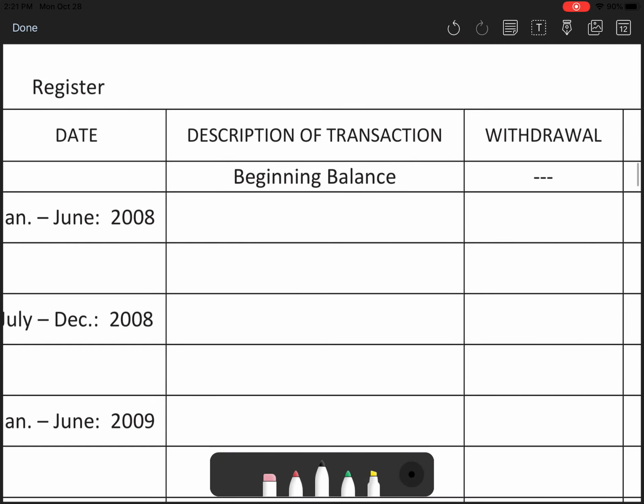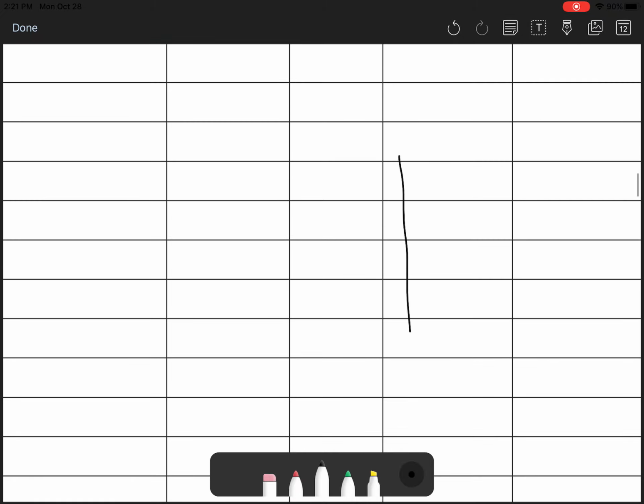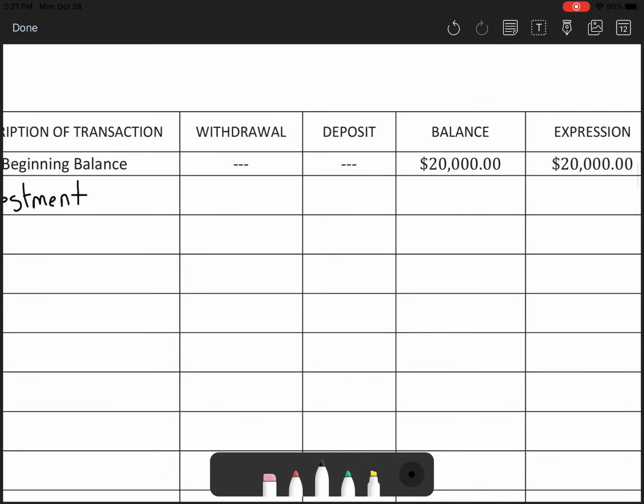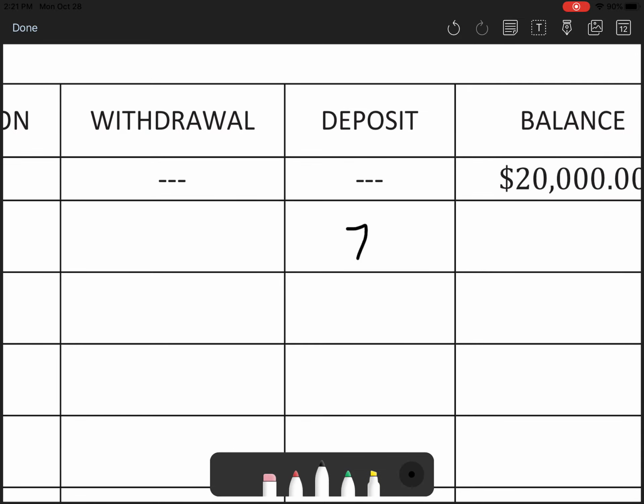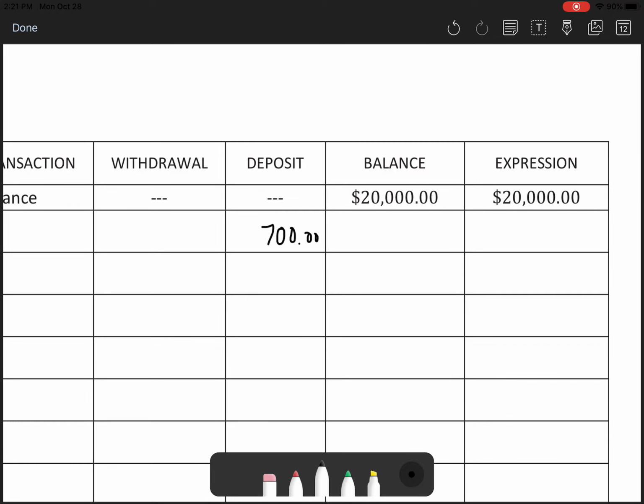So I'm going to say investment, and I gained, so that's going to be a deposit going into my account. So I'm going to add $700 here. And so it's going to be added to my balance.